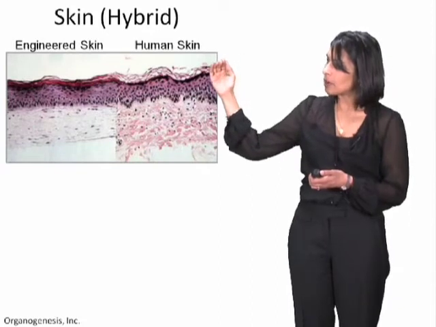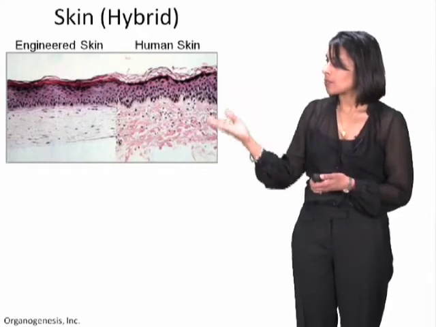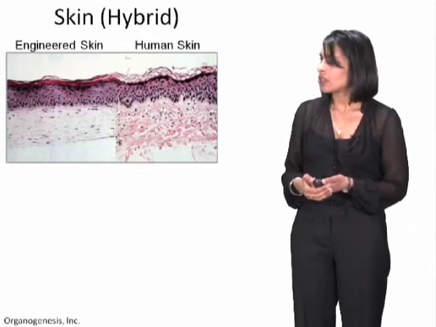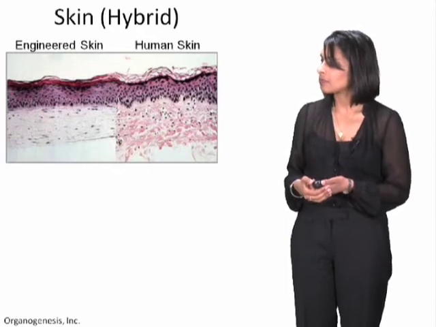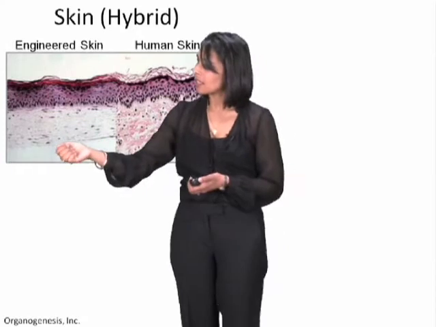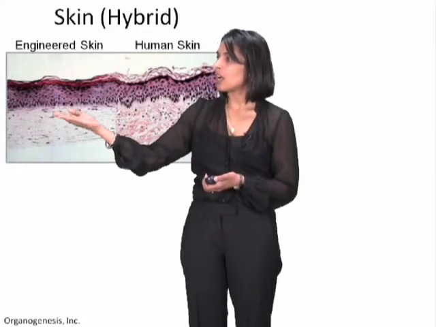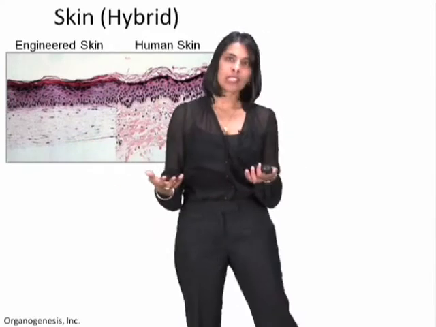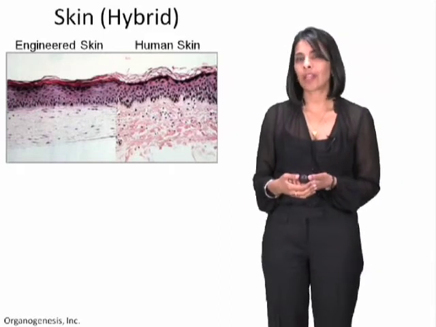And way out here is where the skin interfaces with air. So this structure is what's damaged in the case of burn, for example. And tissue engineers sought to create tissue-engineered constructs to replace this skin. On this side, what you see is an engineered version of skin. In this material, what's been done is a biomaterial, a collagen gel, an extracellular matrix gel that has the consistency sort of like Jell-O, has been mixed with dermal fibroblasts.